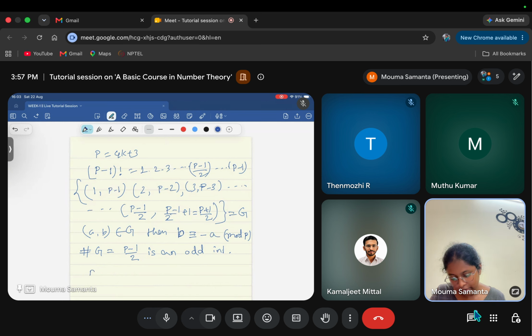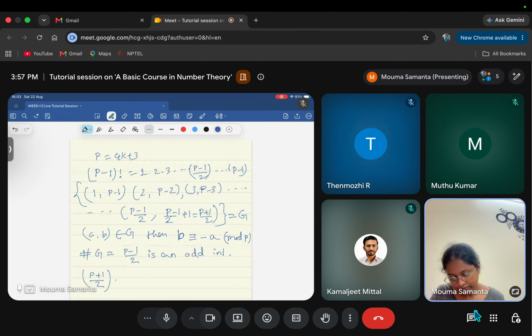You will get p plus 1 by 2 into p plus 3 by 2 and so on, or you can write it this way: p minus 1 by 2 plus 1 into p minus 1 by 2 plus 2, up to p minus 2 into p minus 1.